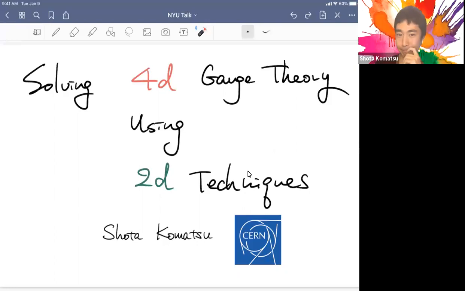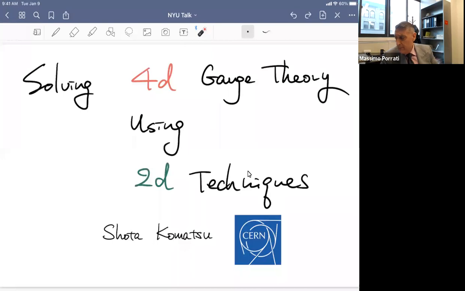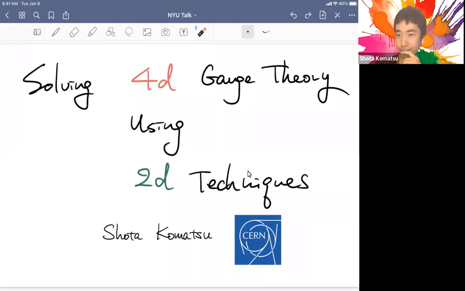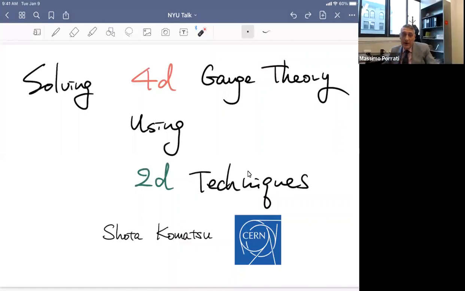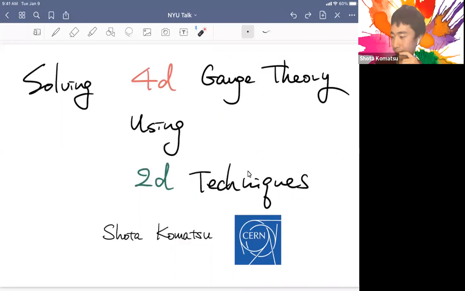And after a postdoctoral at the Perimeter Institute and a period at the Institute for Advanced Studies, he joins CERN for a 5-year position, right? Yeah, it was 6 years in the past, in September 2020. We are very happy to have him with us today. He will talk about solving four-dimensional gauge theory using two-dimensional techniques. Thank you.